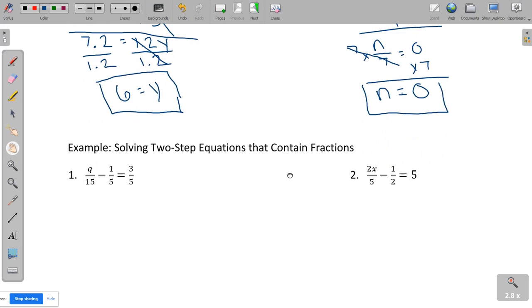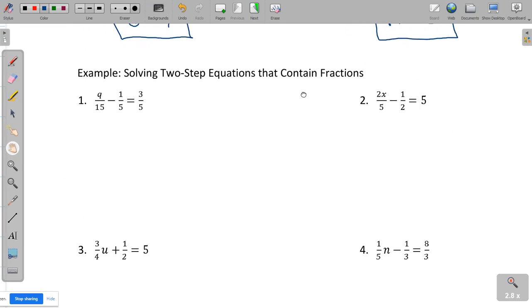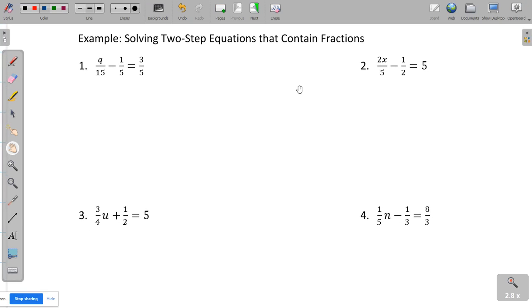Okay, now we're going to look at two-step equations that contain fractions. Do not get scared of the fractions. Fractions are our friends. So we have q divided by 15 minus 1 over 5 equals 3 over 5. So we have to get rid of the loose number, which is minus 1/5.